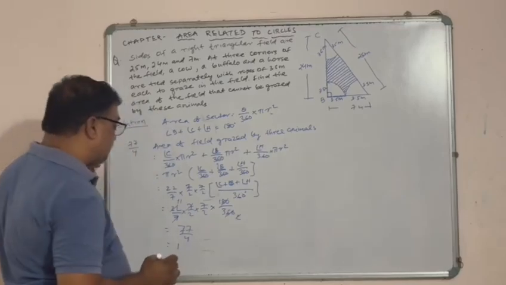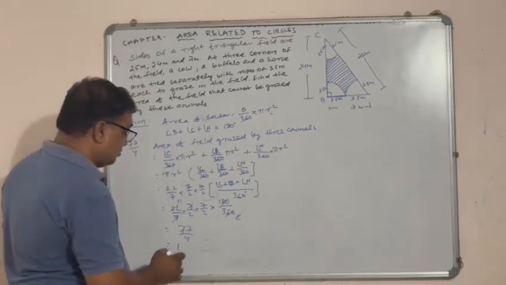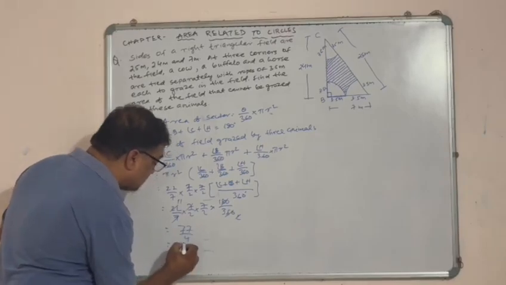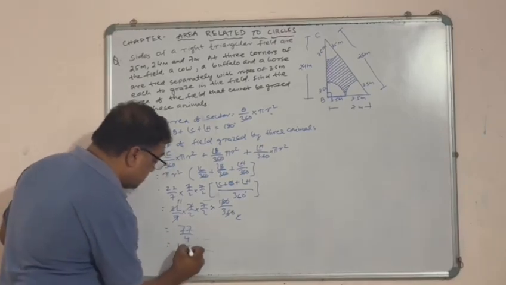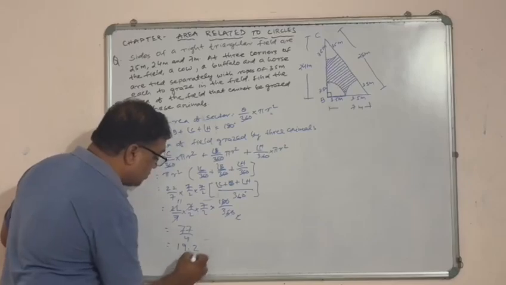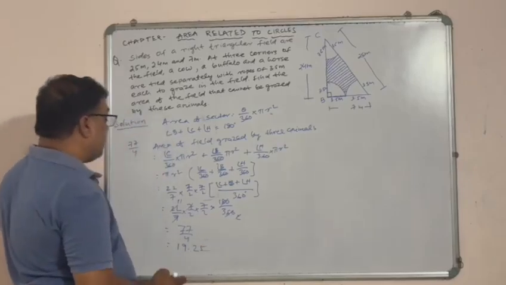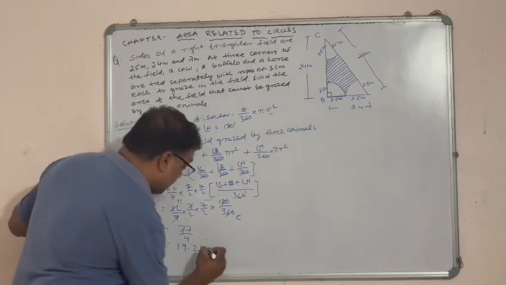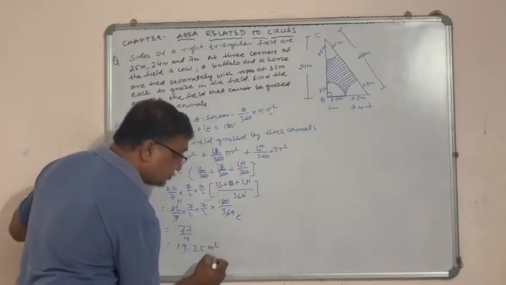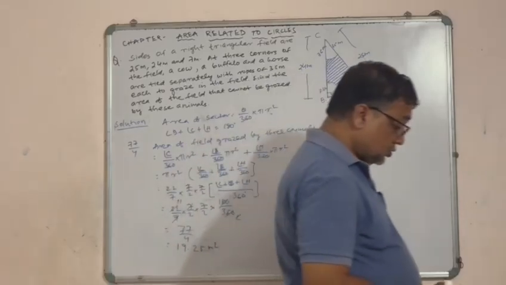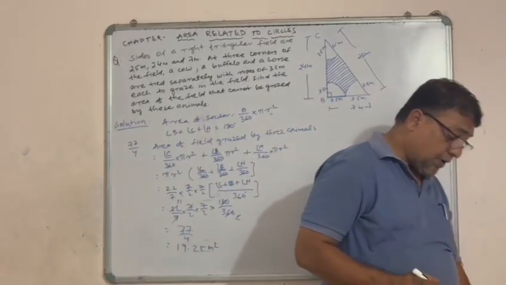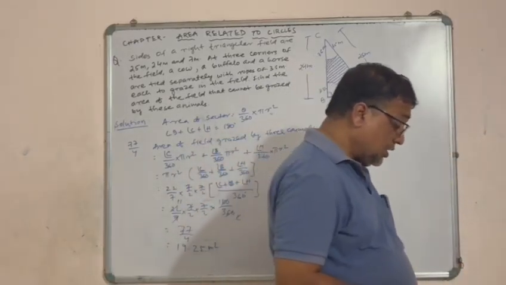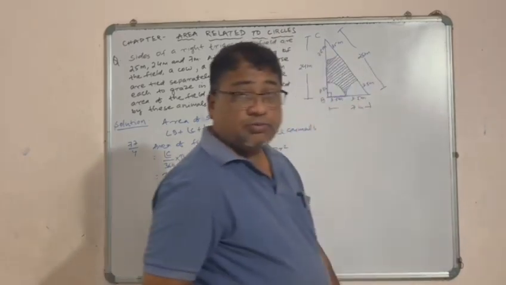So 4 1s are 4, 3 7, 4 9s are 36, 1 0, 4 2s are 8, 2 0, 4 5 are 20. So 19.25 meter square. So the area of the field grazed by three animals is 19.25 meter square.